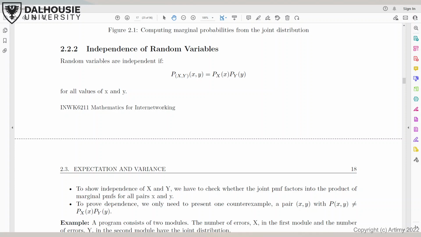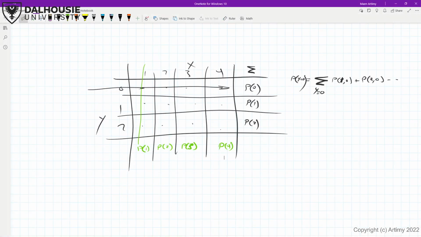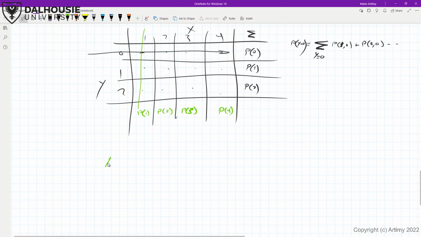What I mean by that is, if we look at this example, to verify that x and y are independent variables, it's not enough that I test only two values, let's say 1 for x and 2 for y.